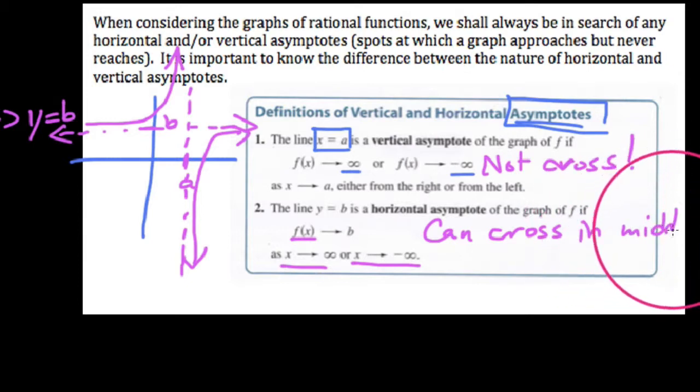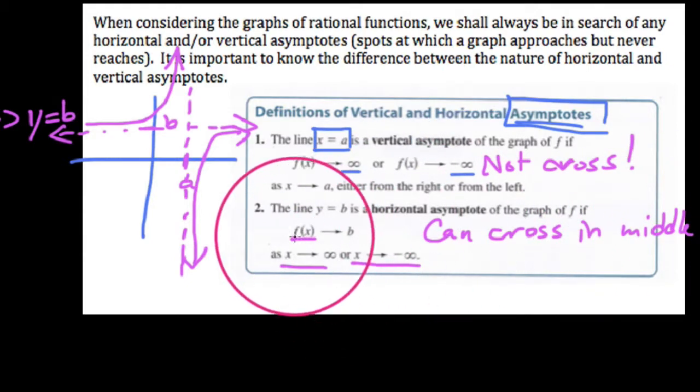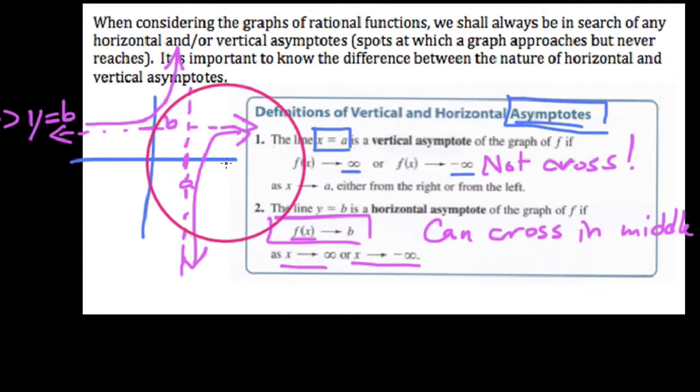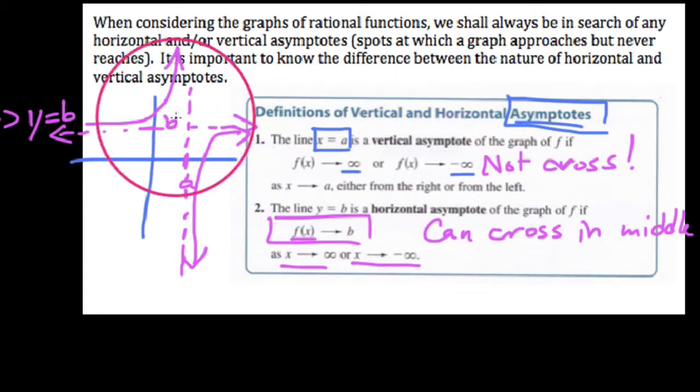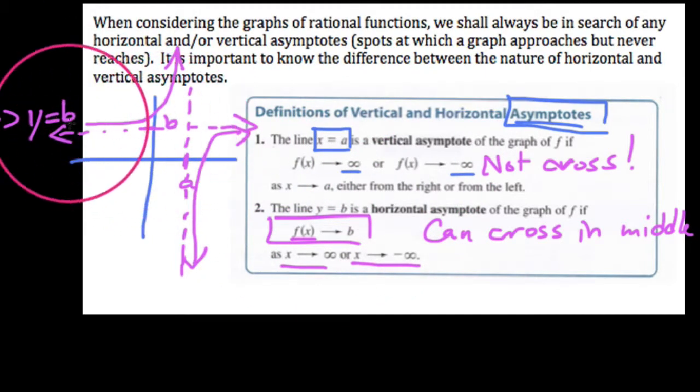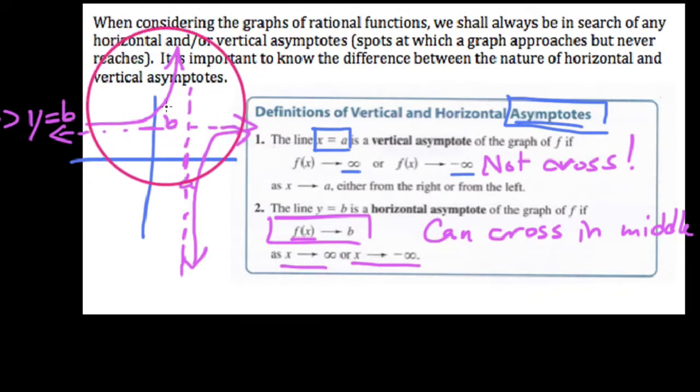When we talk about horizontal asymptotes, we're talking about what our y values are getting really close to as we go way far out on the ends, way far out on the right, way far out on the left. So you notice that this graph right here would have a horizontal asymptote because our y values keep approaching this value of b as we go way left and way right, but never quite get there.